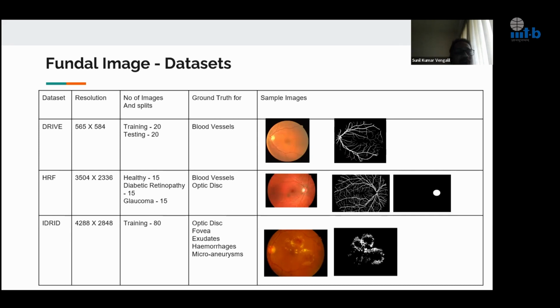These are images of Indian patients with various levels of diabetic retinopathy identified. Each of these data sets comes with different types of ground truths. They also have a mixture of images with healthy and different diseases.